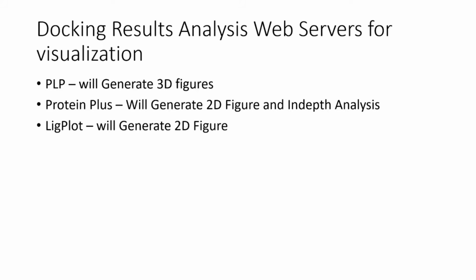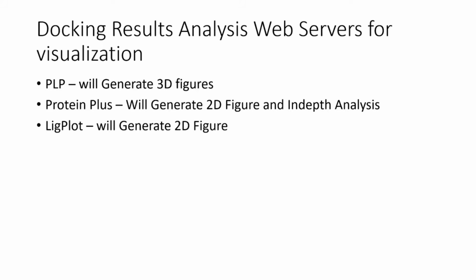These three different tools will give us different visualization patterns, like 3D figures, 2D figures, and some in-depth analysis like identification of cavities, and you will also find the two-dimensional structure. Also, it's very easy for us to understand what types of interactions are there.